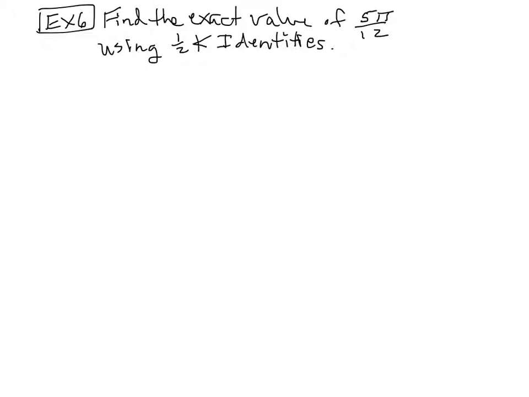So most of you are uncomfortable with what 5 pi over 12 means. So my suggestion would be, step 1 would be to convert to degrees. So we're going to take 5 pi over 12 and we're going to multiply it. What's the conversion factor?